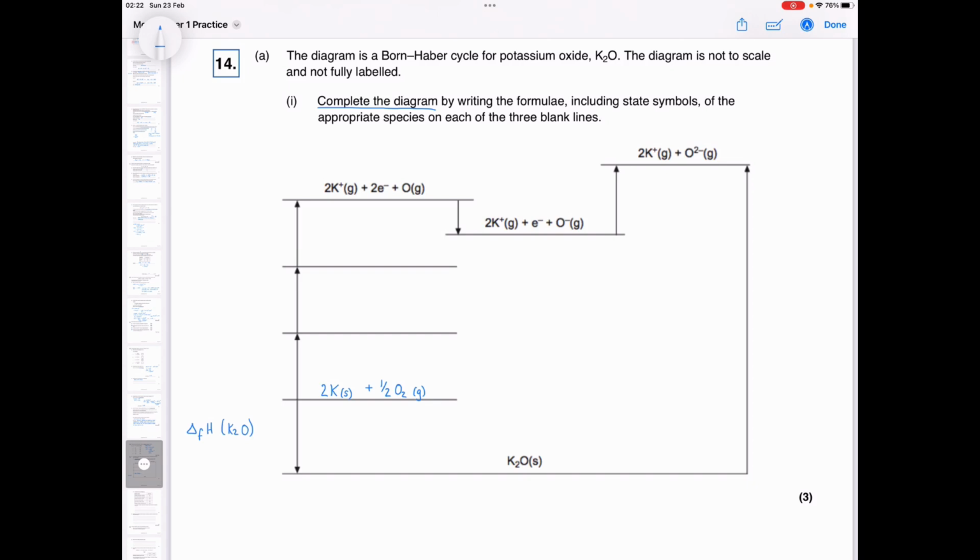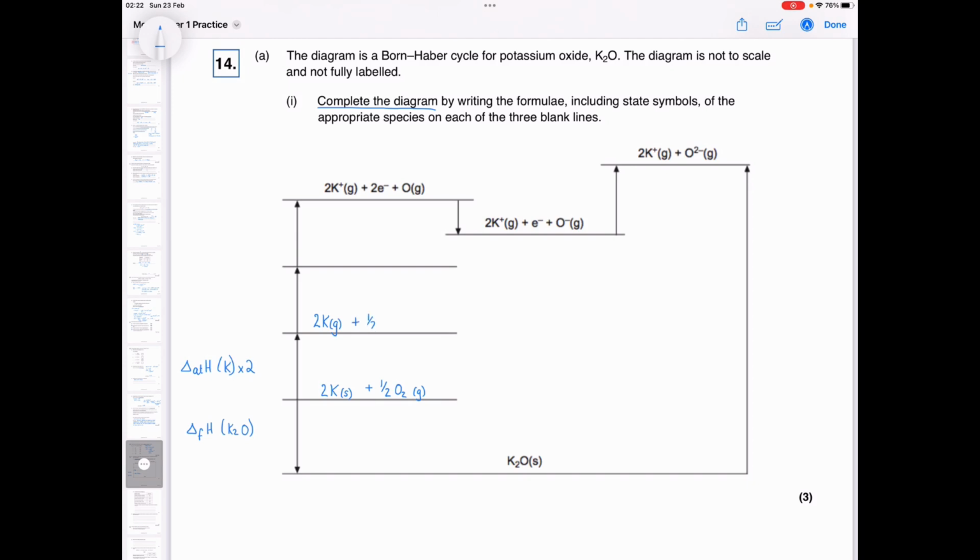And that will be our enthalpy change of formation. The next thing we're going to do as we go around our Born-Haber cycle is we have to convert that 2K solid into 2K plus gas. So the first step we're going to do is the atomization of potassium, and we're going to need to multiply that by 2 because there are 2 moles of it.